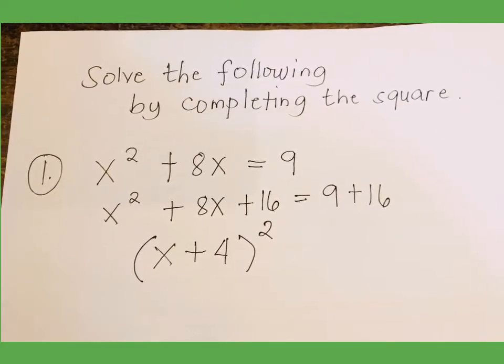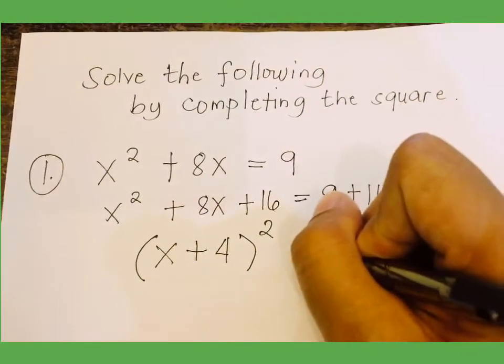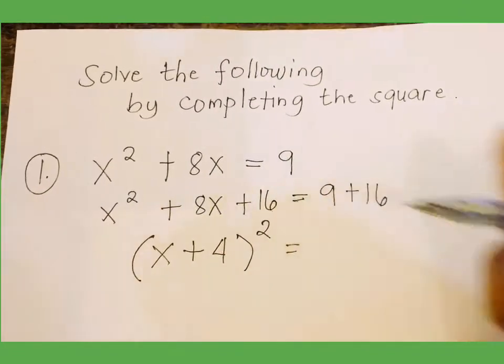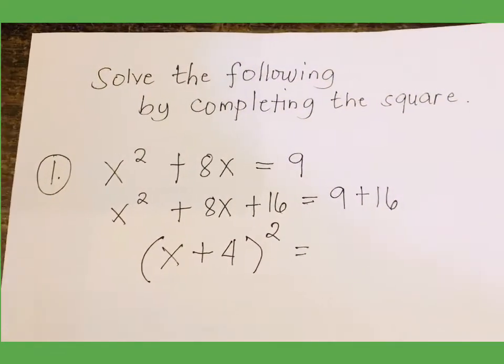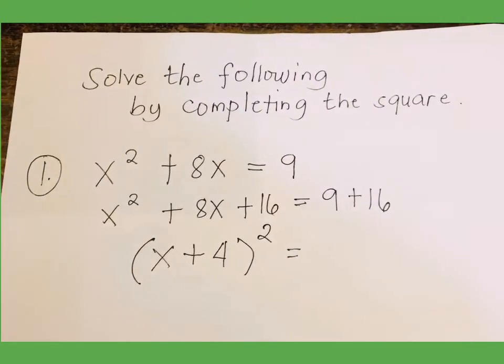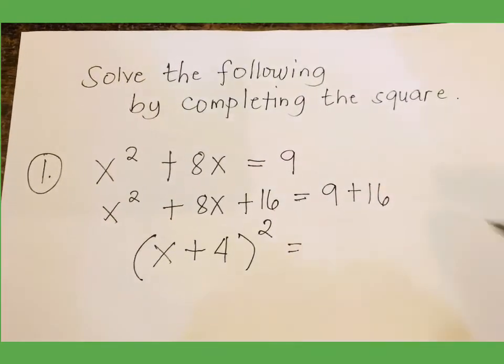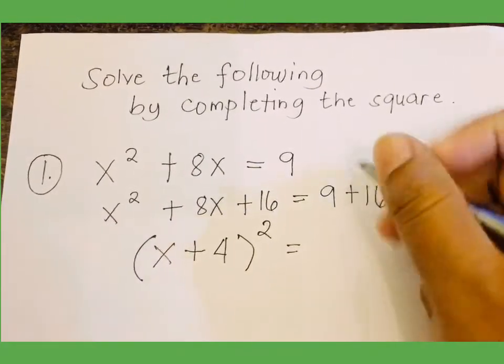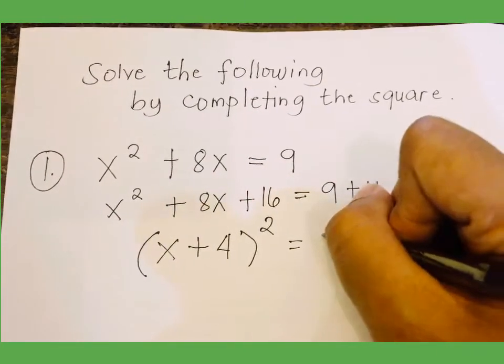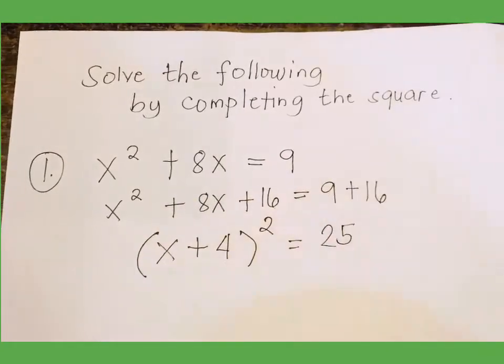We have already discussed that in our previous lesson on how to determine whether an expression is a perfect square trinomial or not. Next, we're going to simplify this side. That's 9 plus 16 is 25.